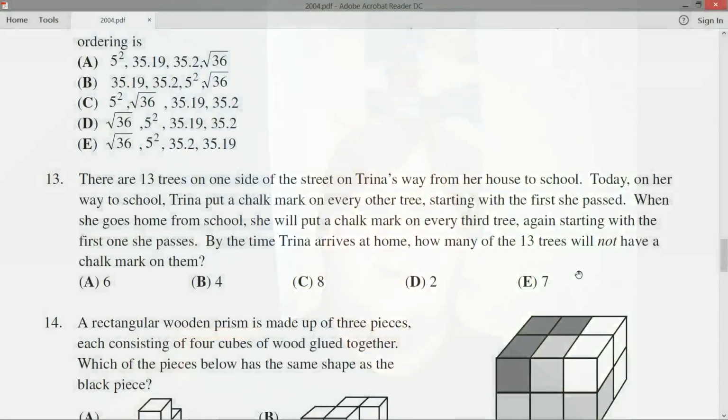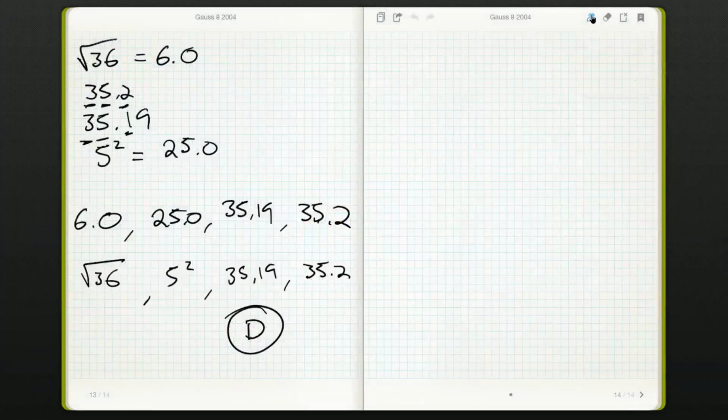So how about we just draw out 13 trees, and we'll pass through them once, giving them chalk marks, and pass through them again, giving them chalk marks. And we'll be able to simply count them up, okay? So, let's get some green for the trees. We'll not make them super advanced trees, just sticks with bushiness on top.